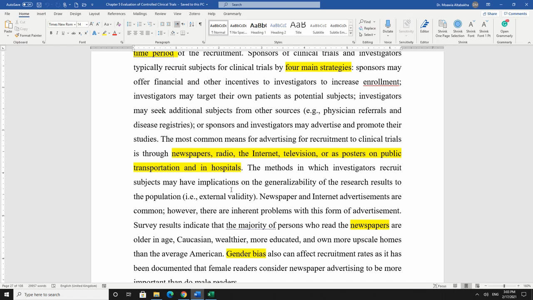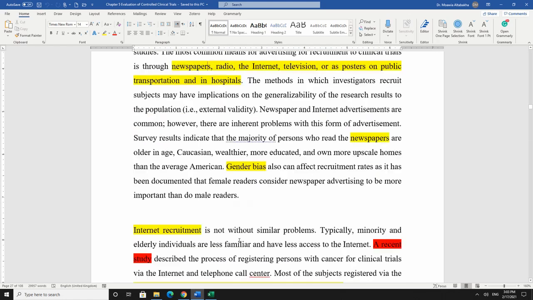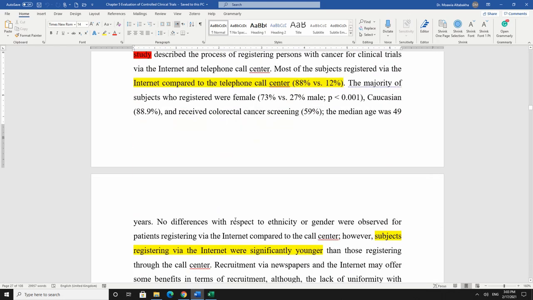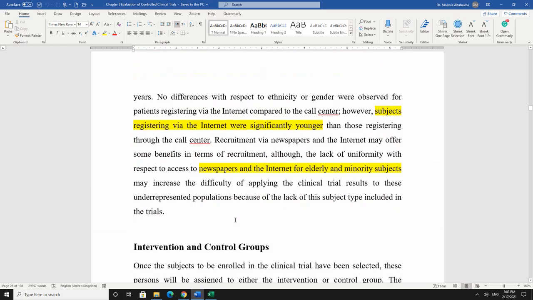So here we don't have an equal opportunity for them to participate, okay, and we might have what we call gender bias. So you have to take all that into consideration when you want to advertise for the clinical trial.